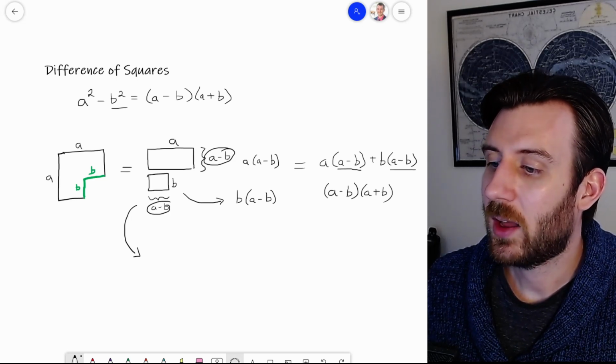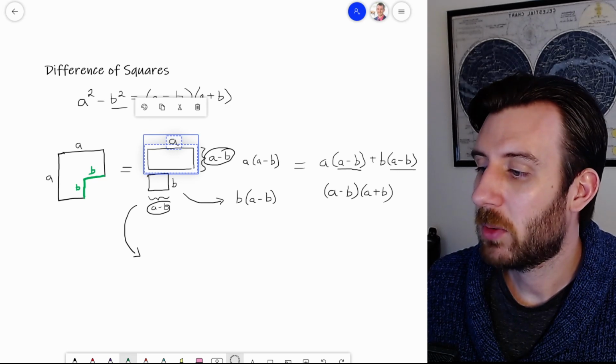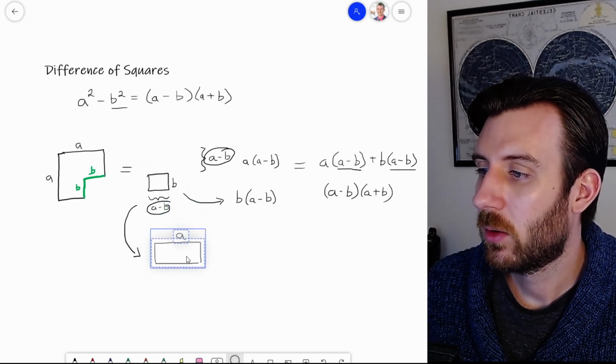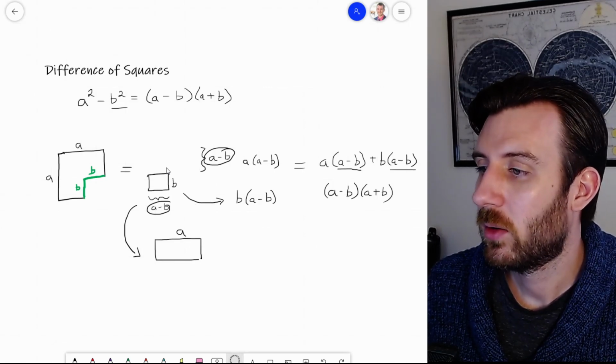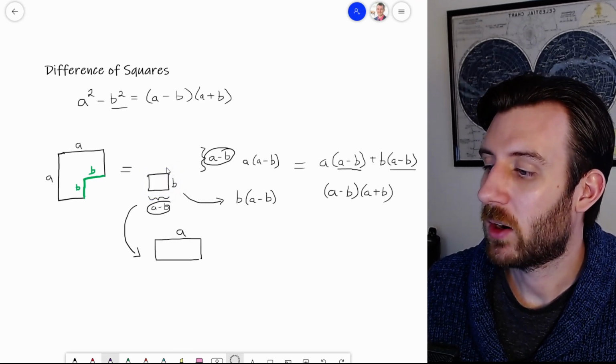So let's grab these entire rectangles and let's do a little bit of rearranging. Let's grab this entire thing, grab this one right here, spin it. So I'm actually going to just draw it again.